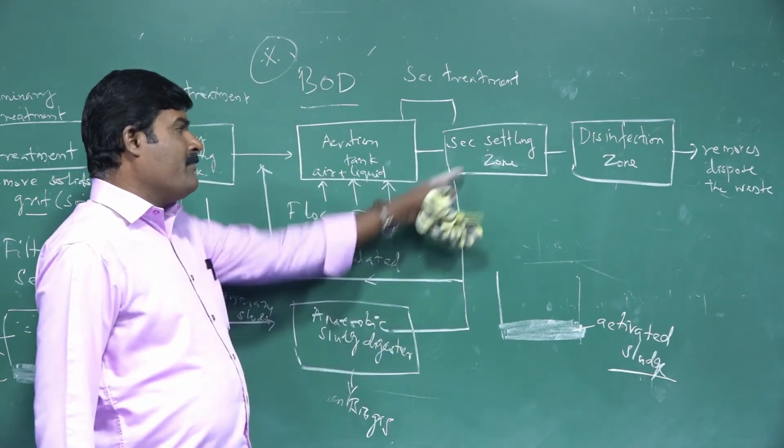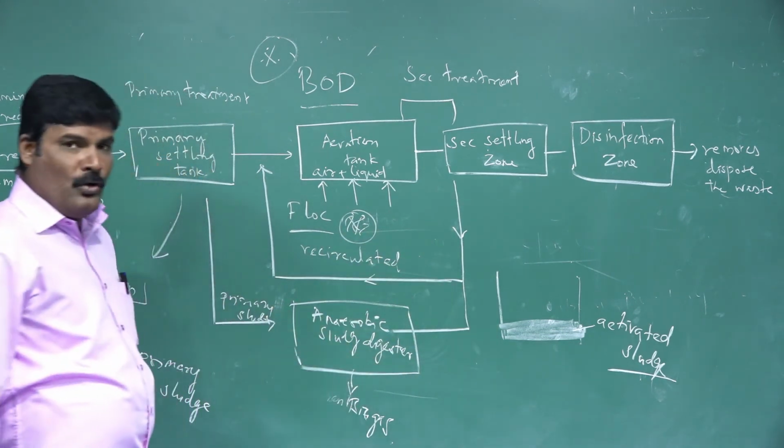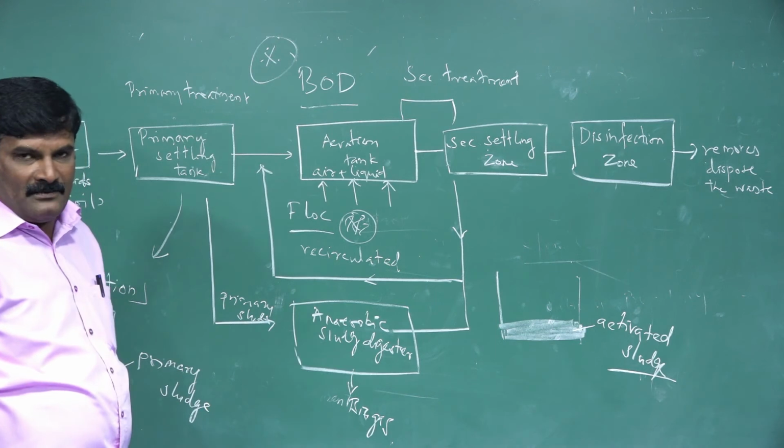The activated sludge from the secondary settling tank is transferred to the anaerobic sludge digester.